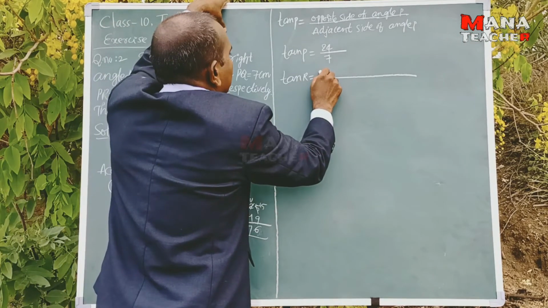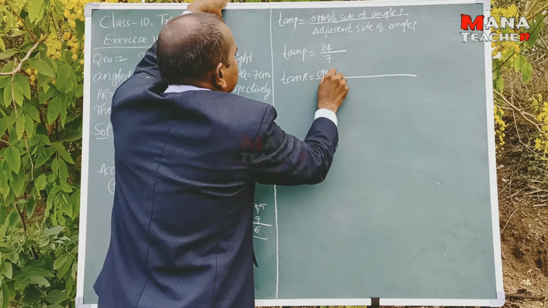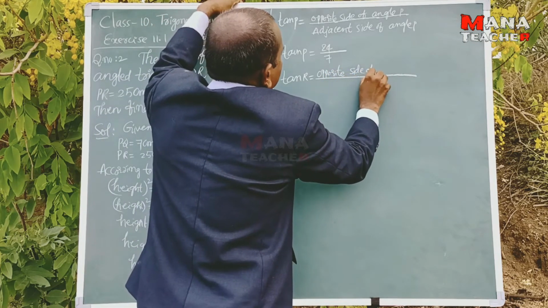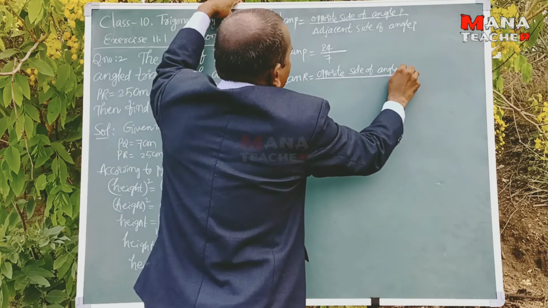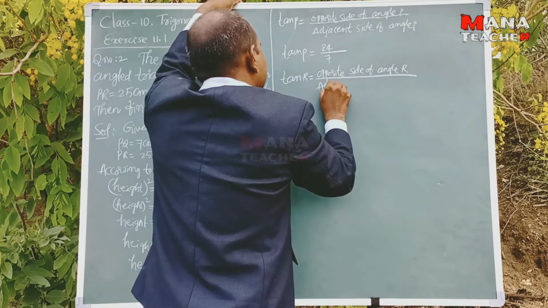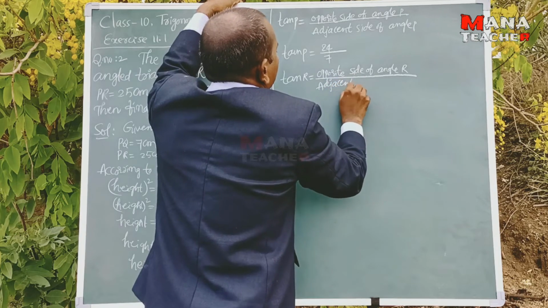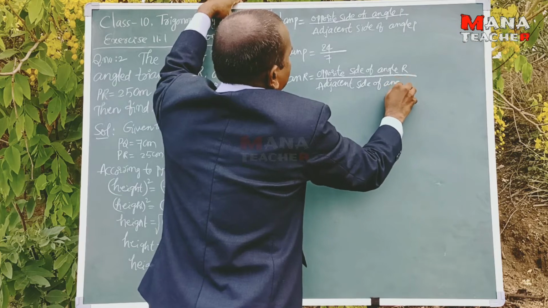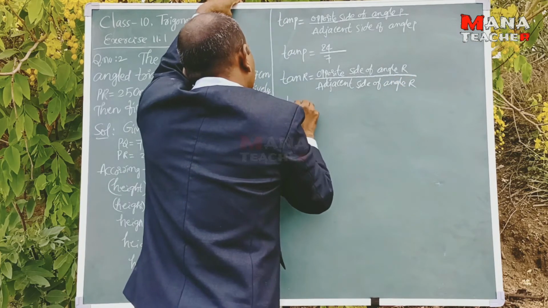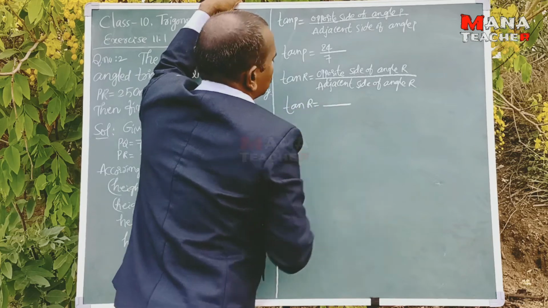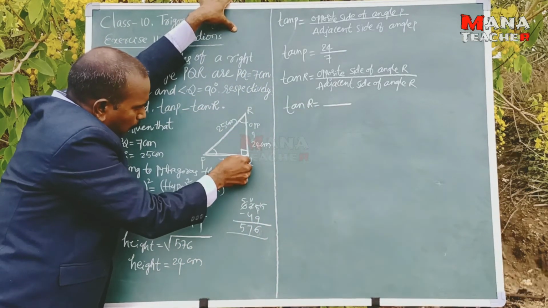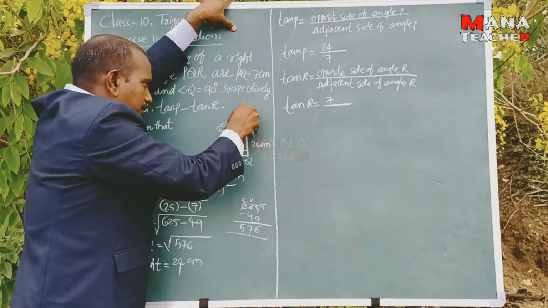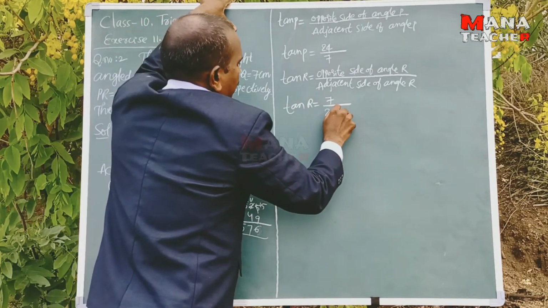Tan R equals opposite side of angle R by adjacent side of angle R. So tan R equals opposite 7 centimeter by adjacent 24 centimeter.